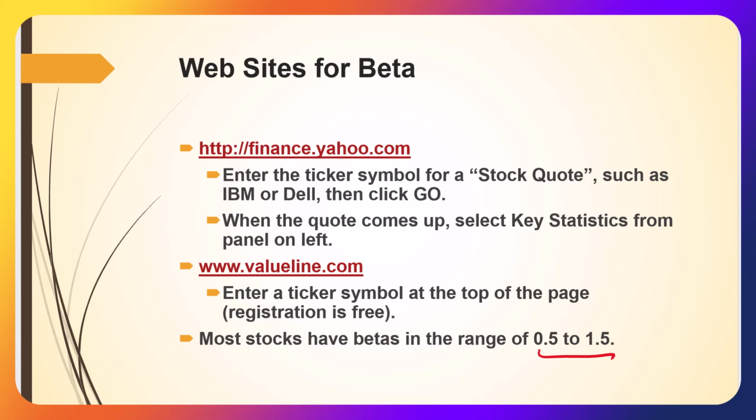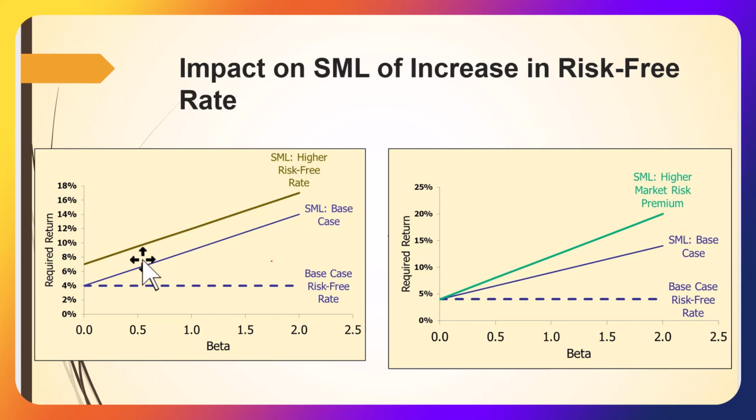What happens when things happen in the economy, right? What happens if the world changes? What happens if inflation changes? Let's say inflation goes up by 3%. This first graph represents the base case, and then what happens when the risk-free rate increases because inflation went up 3%. We see that this entire line shifts upward in parallel.